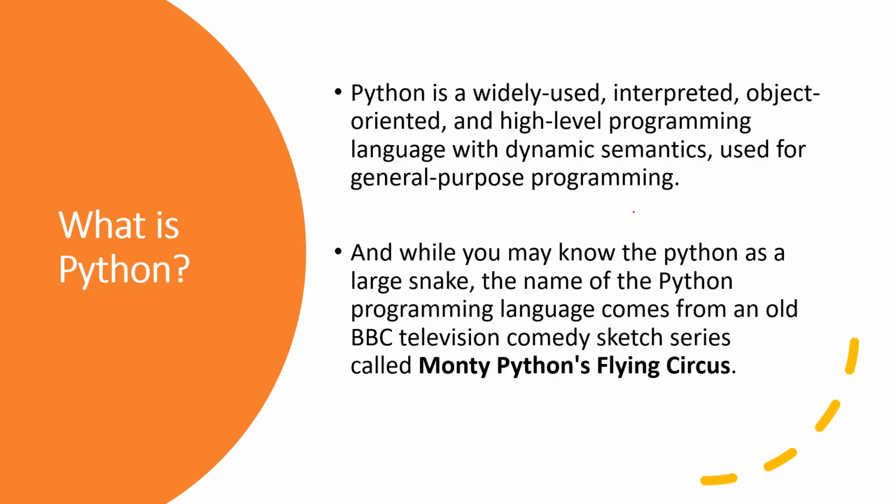Python is a widely used interpreted object-oriented language, and if you see some of the statistics, it's now competing with Java, and some statistics show it's even ahead in market share, or maybe in the number of users of the Python language.